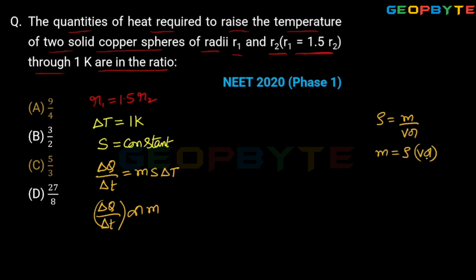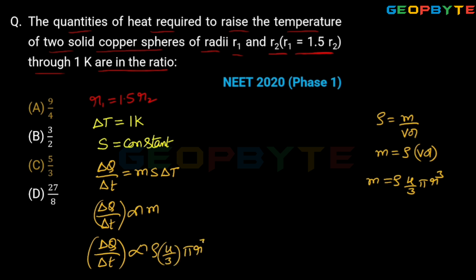It is given that the two bodies are solid spheres. For a spherical body, volume equals 4 by 3 pi r cube. Therefore, mass equals rho into 4 by 3 into pi r cube.